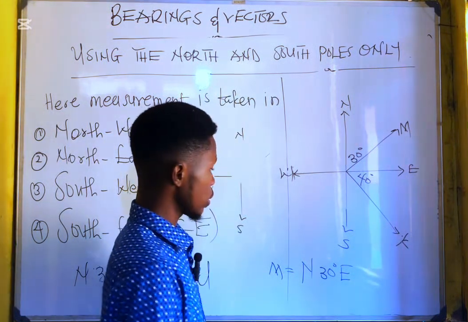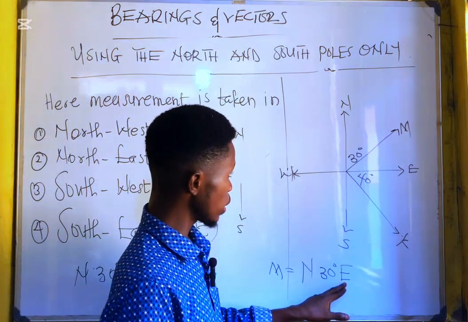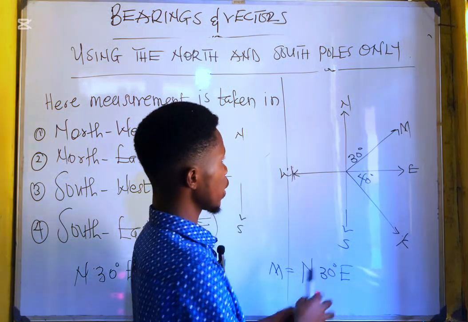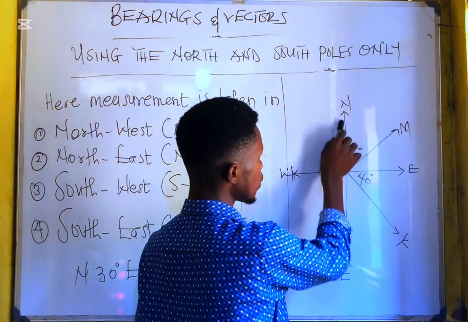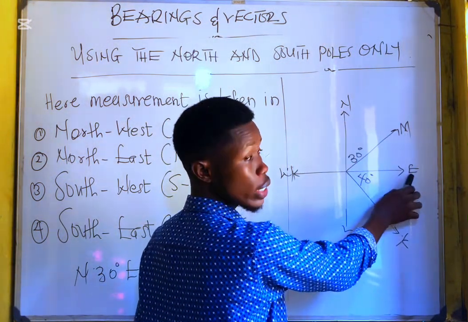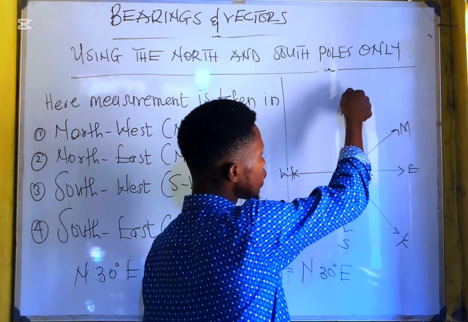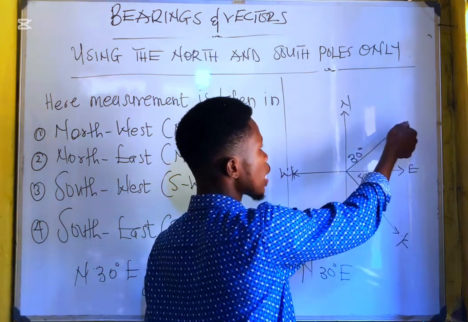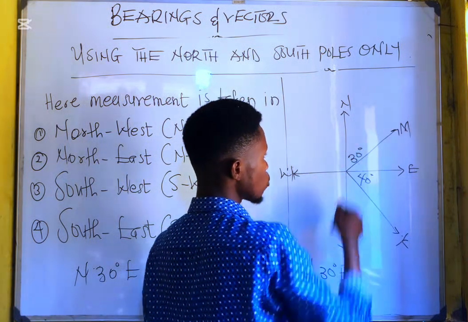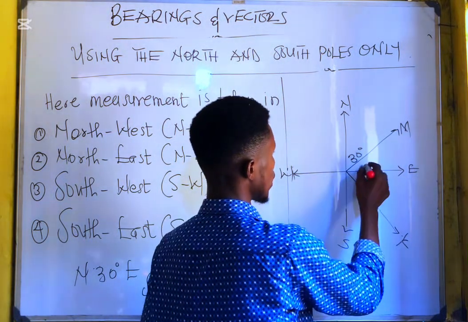Is that okay? North 30 degrees east, because the bearing M is between the north and the east. The acute angle should form between the north and the bearing here.